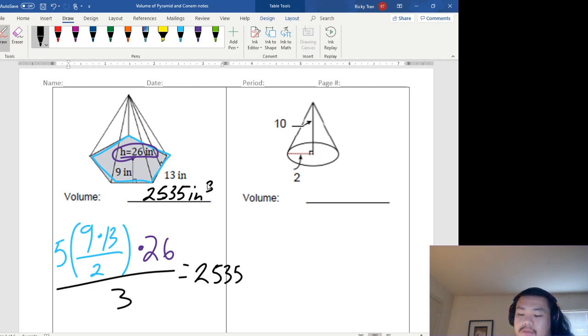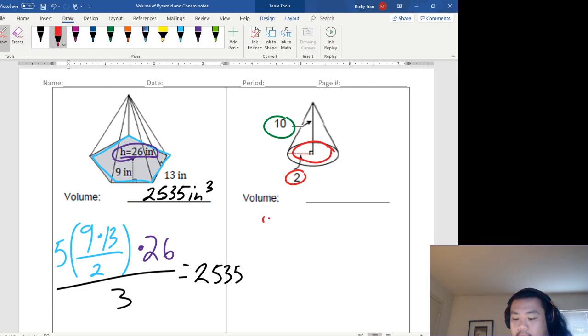easy stuff. All right, and last one we're gonna do is a cone. That's our radius, so we're just gonna use that, and then our height is going to be 10. Okay, let's start with the normal equation.